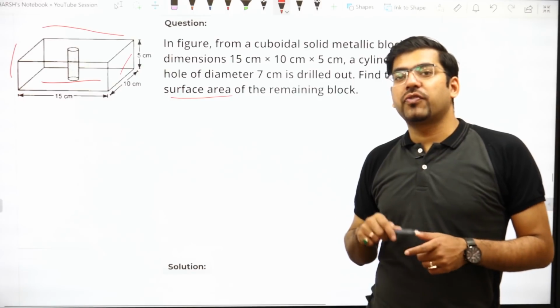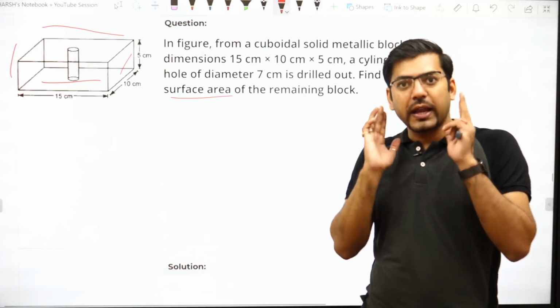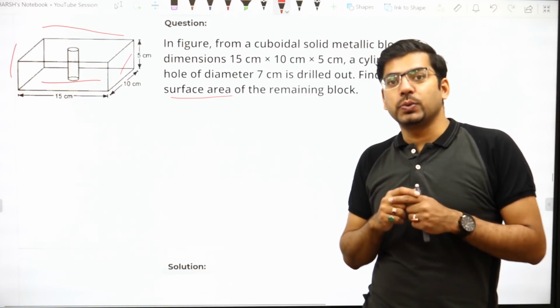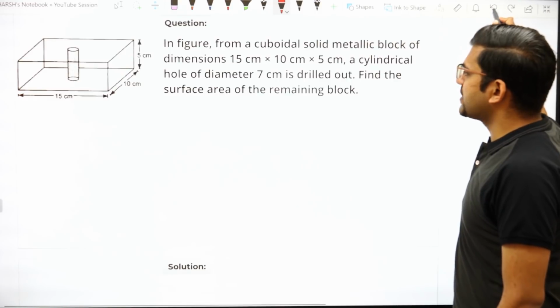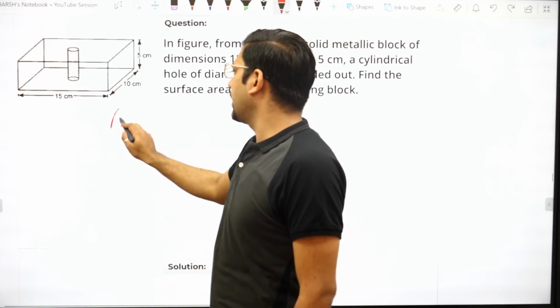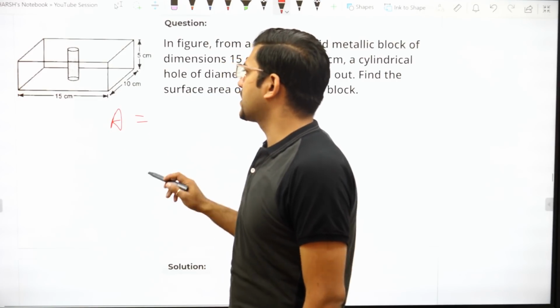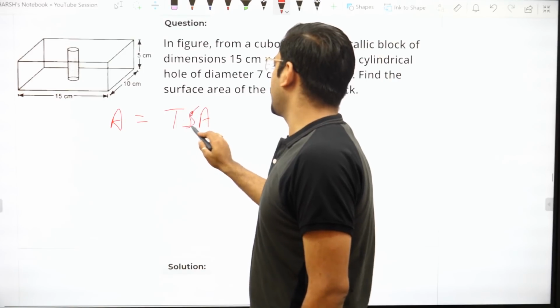Now you all know, if the question is asking total surface area, you have to include all the areas which are visible to you. So for this, I will write down the area, whatever area is visible. First of all, I am writing total surface area of cuboid.